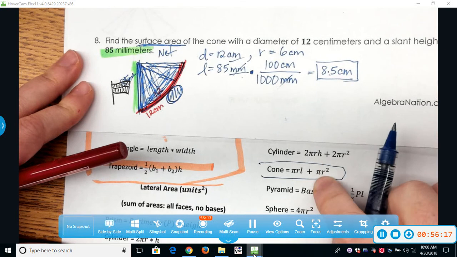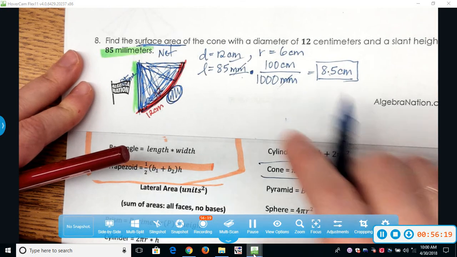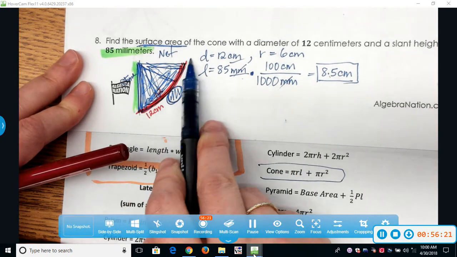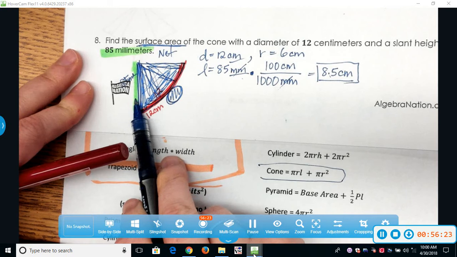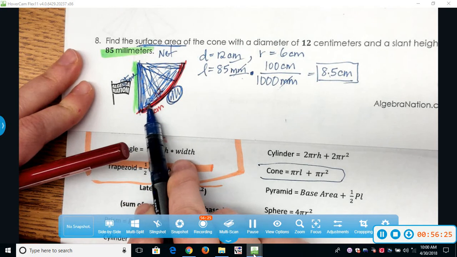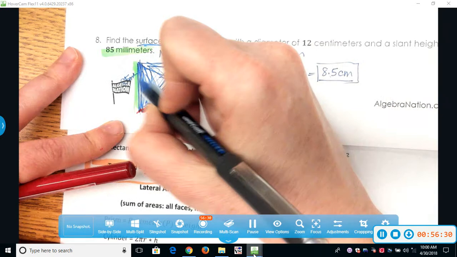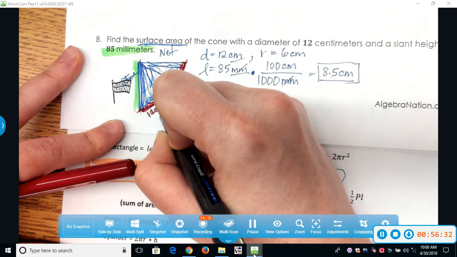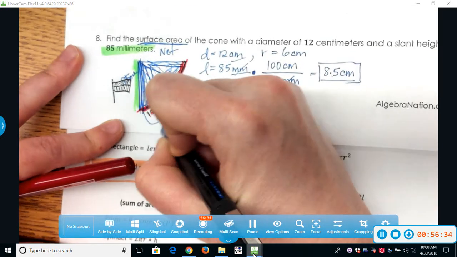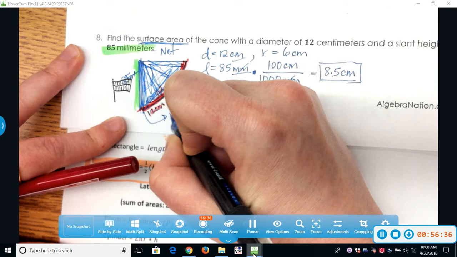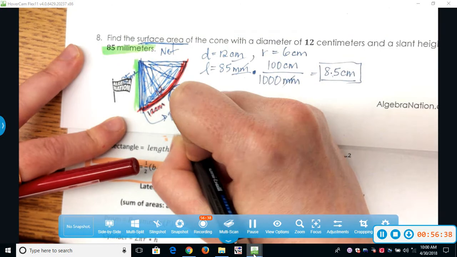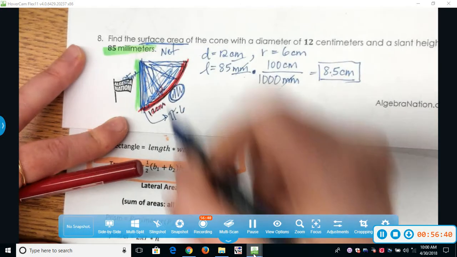It's the area of the circle, pi r squared, plus the area of this weird curvy shape. Okay? So it's pi times r, where r is 6, times the slanty height.